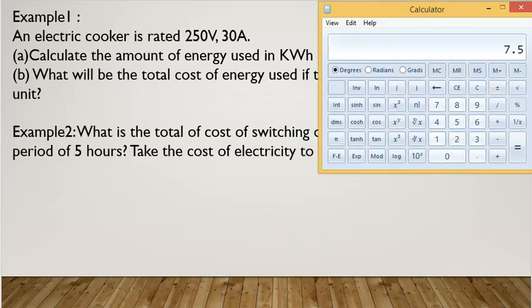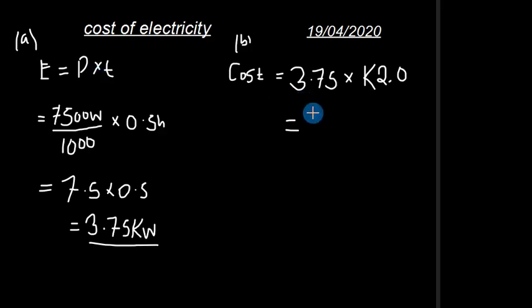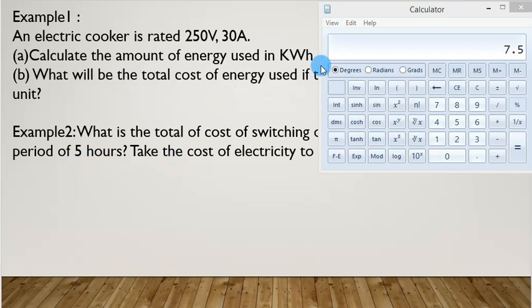So our answer is K7.5, where the K is supposed to be in front and capital. So that is our answer. 7.5 kwacha is the total cost of running an electric cooker rated 250 volts 30 amps for a period of 30 minutes when the cost of electricity is 2 kwacha per unit. Let's go to example 2.